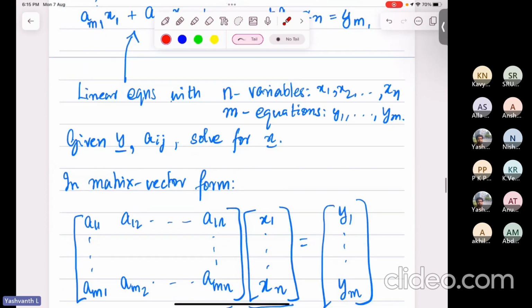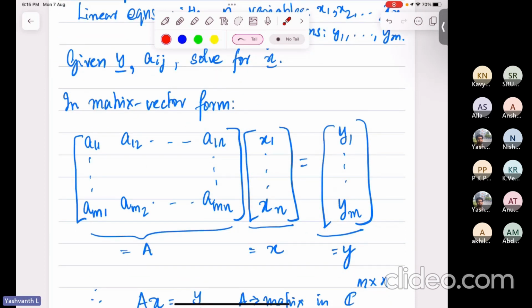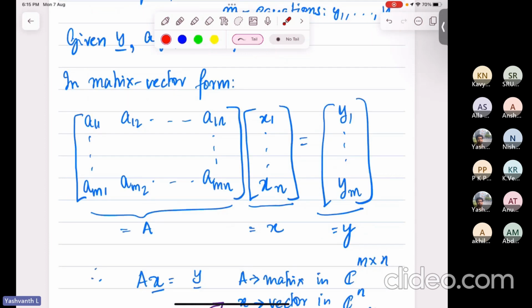The goal is, given the observation vector y and the values aij, solve for the vector x. You can write this system of linear equations in matrix-vector form as follows.